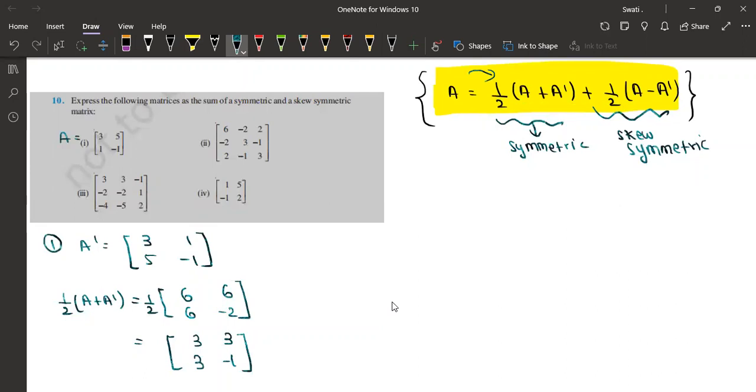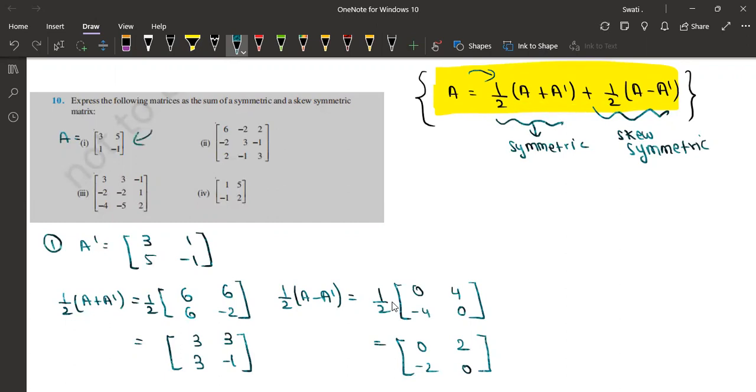Now let's find half of A minus A transpose. A minus A transpose is simply going to be 0, 4, -4, 0, and with the half this is going to be 0 here, 2 here, -2 here, and 0 here, right? Now, what do we have to write down? We have to do the sum of this, because we need to write our matrix as the sum of a symmetric and a skew symmetric matrix.